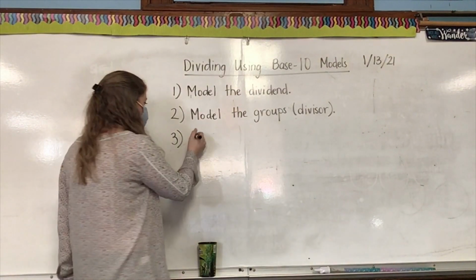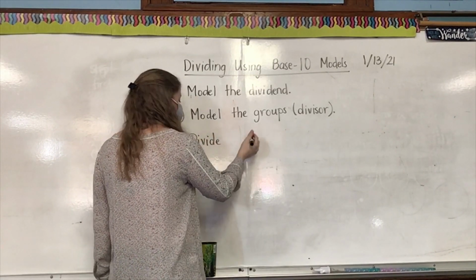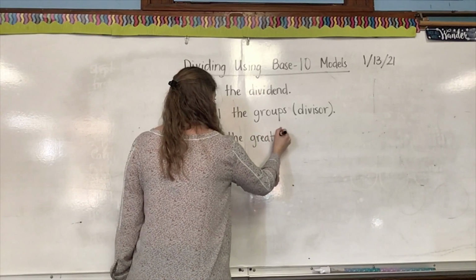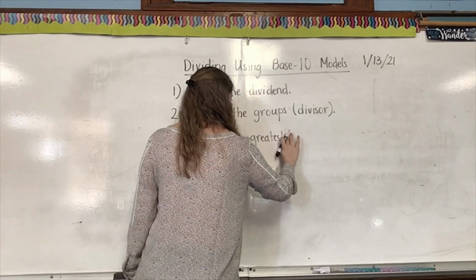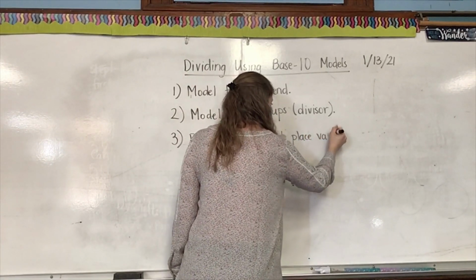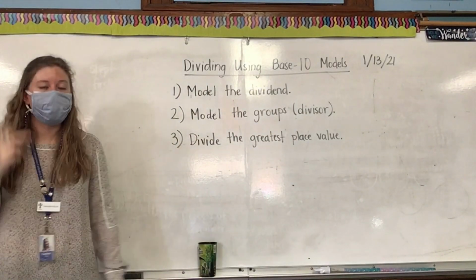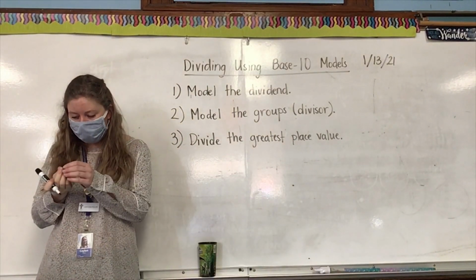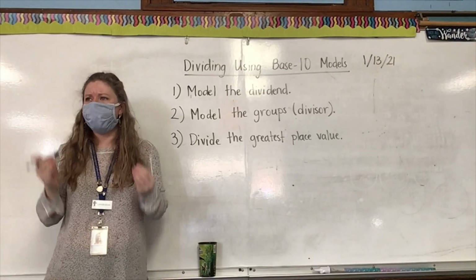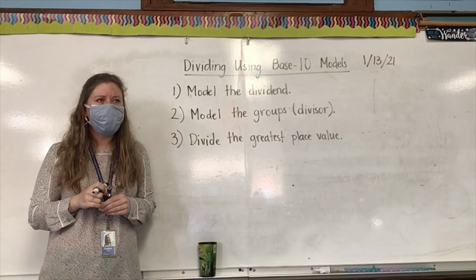We divide the tens, or we divide, do not write the tens, the greatest place value. In yesterday's case, it was tens. That will not always be the case, though. How do we show dividing the greatest place value or dividing the tens?